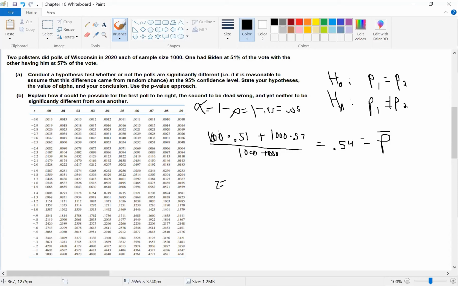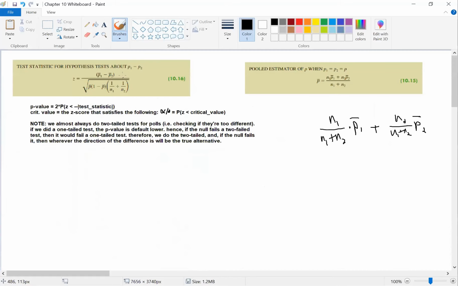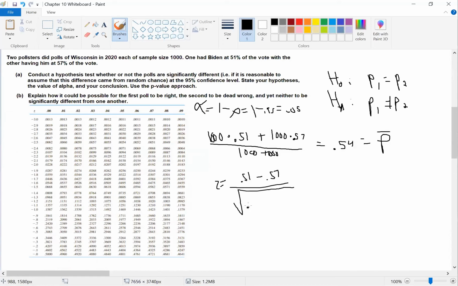Doesn't matter which one we take. So let's just stick with the first one. So we have 0.51 minus 0.57. And our denominator, we have our p bar times 1 minus p bar. So 0.54 times 1 minus 0.54.